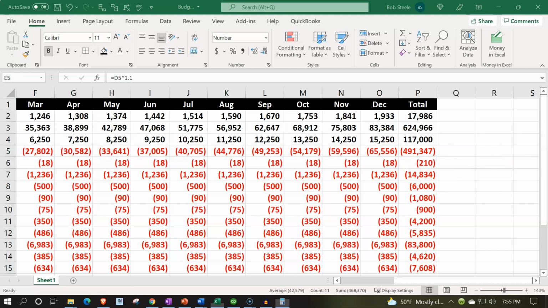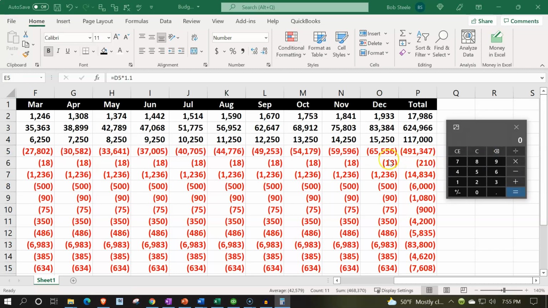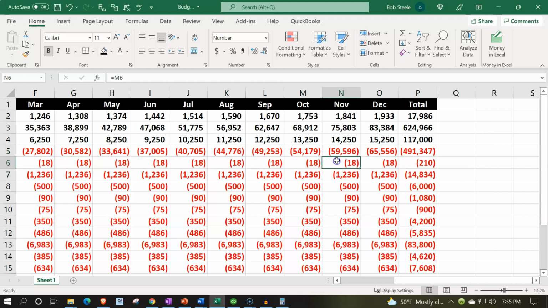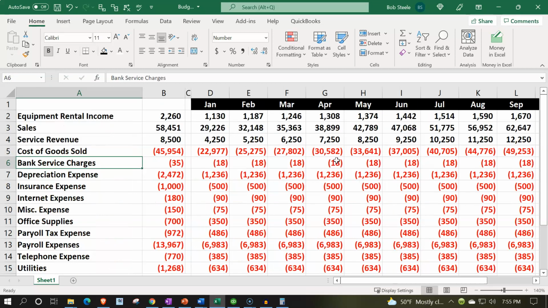And let's double check this last number, see if it makes sense. If I take this 65556 divided by the sales number of 83384, we still have that 78.6%.